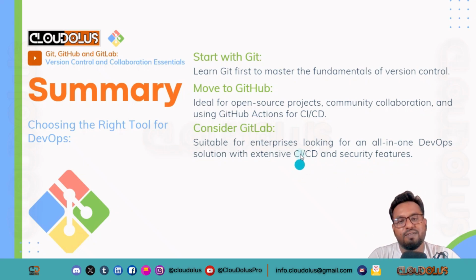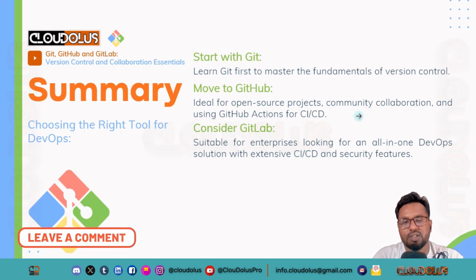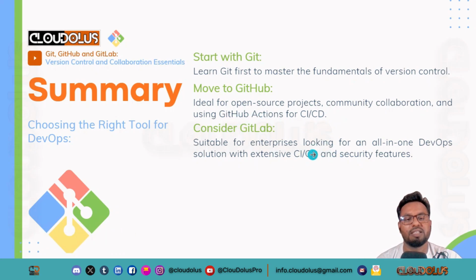So definitely first of all we go for Git, and then go for GitHub with open source projects and community collaboration, and GitHub Actions for CI/CD, and GitLab to consider when you need extensive CI/CD security features, also DevOps solutions. So these are the summaries, and you can make decisions on which tools are the right choice for your DevOps environment.